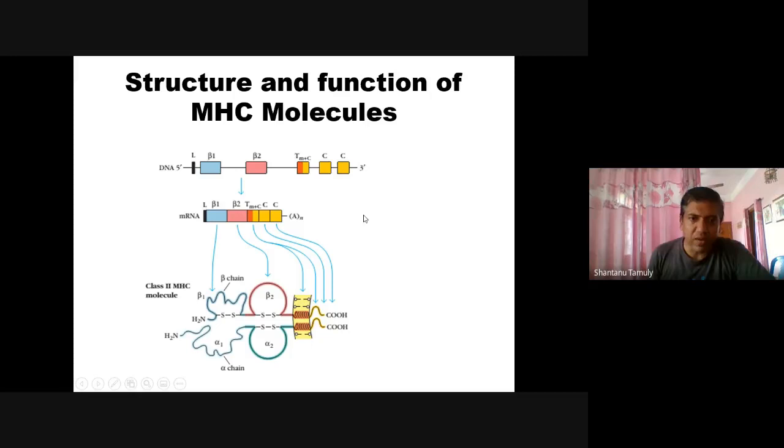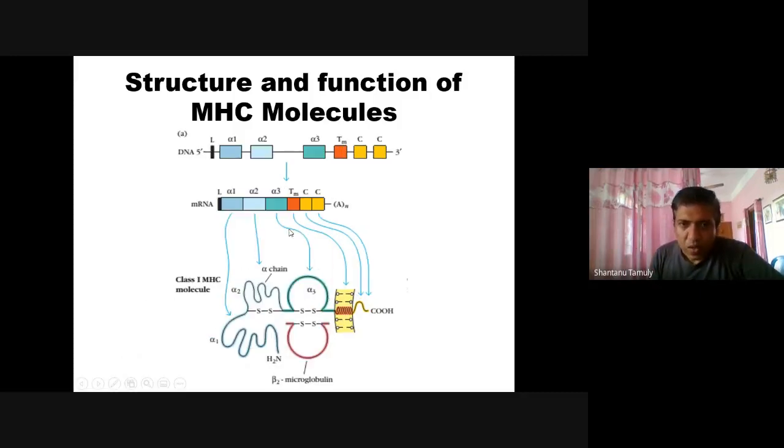Similarly, you have the MHC class 2 molecules. How is the MHC class 2 molecule produced? In the same way, they are away from each other, and then they make the complete structure. Now in this case, in the earlier case, this one domain was very big, and the beta 2 microglobulin domain was a smaller domain.